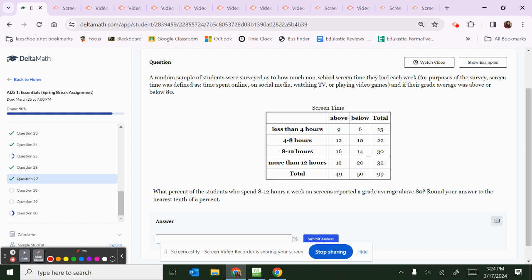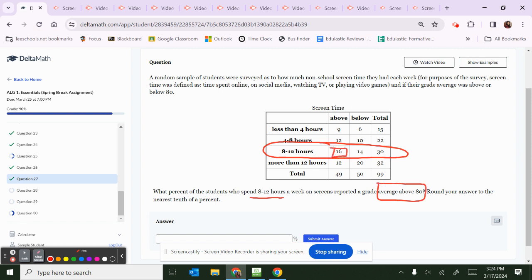It says, what percentage of the students who spent 8 to 12 hours a week on screen time reported a grade average above 80? So I'm focused on the area that says 8 to 12 hours per week, and I'm looking at the area that says above 80.